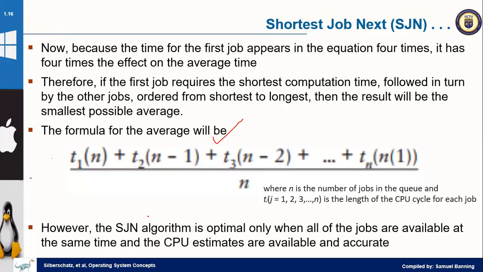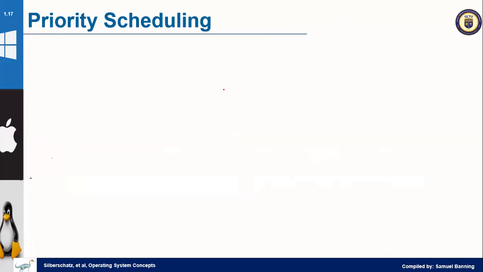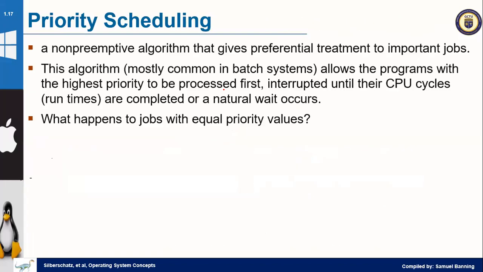However, the shortest job next algorithm is optimal only when all the jobs are available at the same time and the CPU estimates these times correctly. You understand? Now, with that, let's look at the priority scheduling.